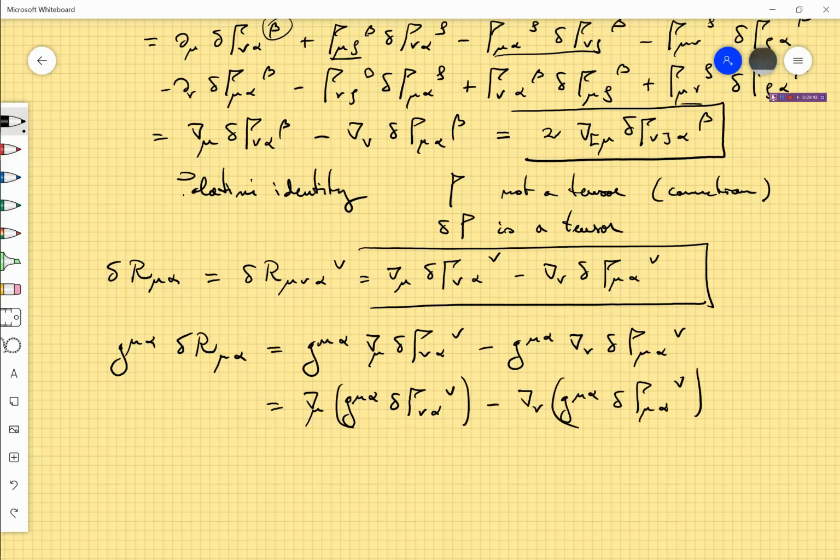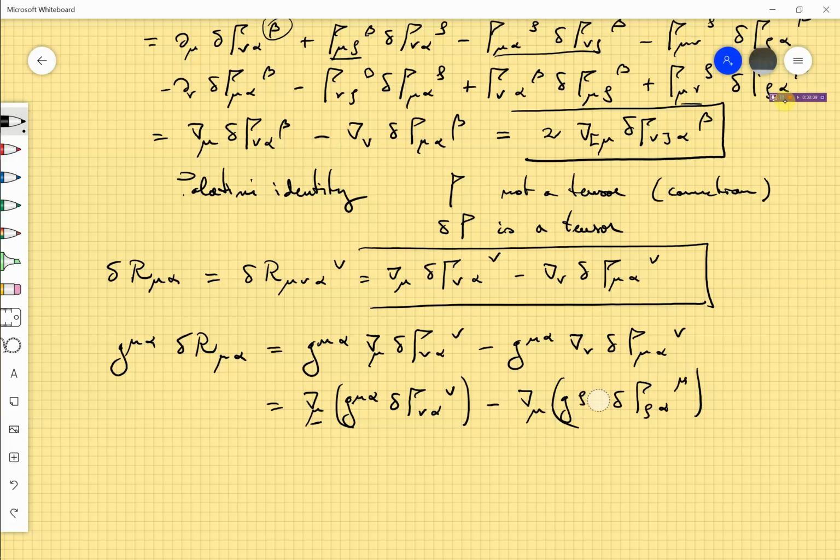Now these two terms are scalars, so they are really covariant divergences. But in one case we're using the index mu here, and in the other case the index nu. So to make evident that this whole thing is a total derivative, what I'm going to do is to call this mu, and mu I call something else, I don't know, rho.